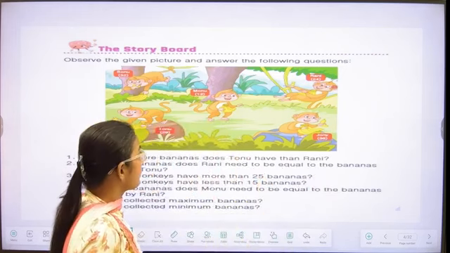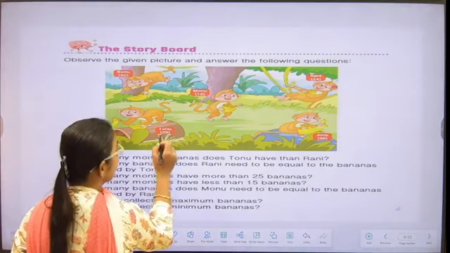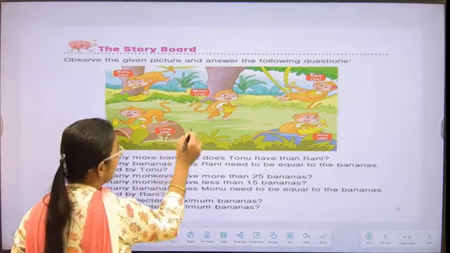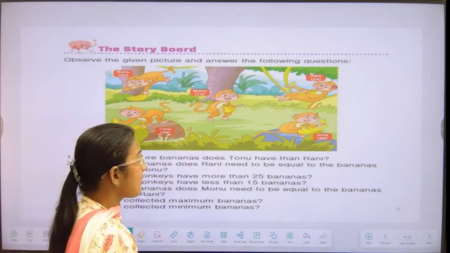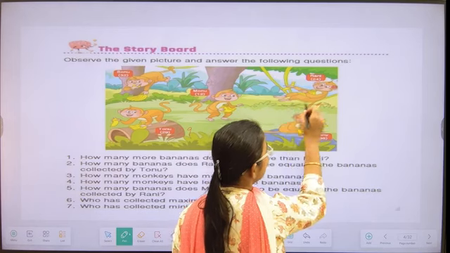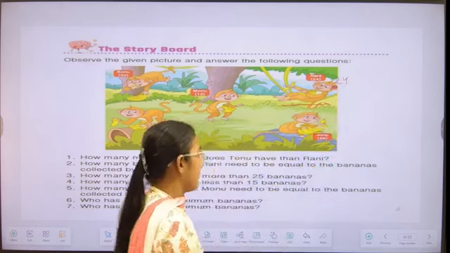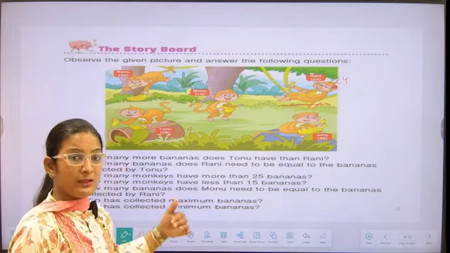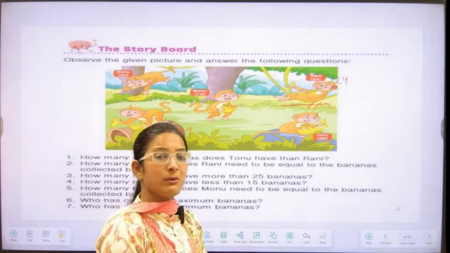First we have to see where Tonu monkey is. Tonu monkey is here and he has 29 bananas with him. And where is Rani monkey? Rani monkey is here and she has 24 bananas with her. Now we have to tell Tonu has how many more bananas than Rani.